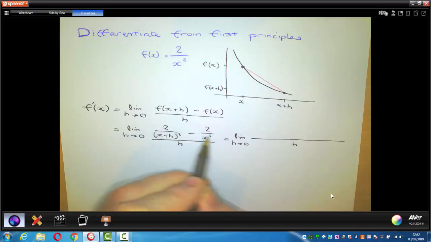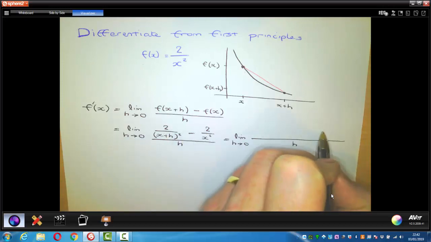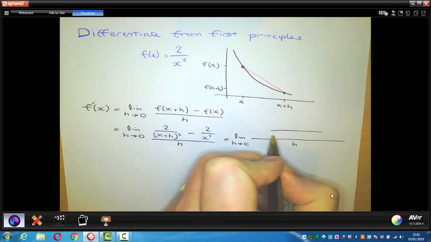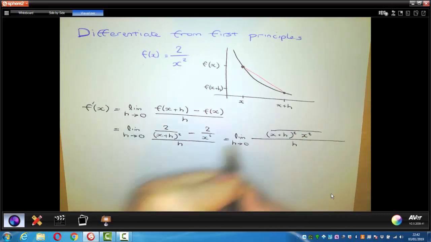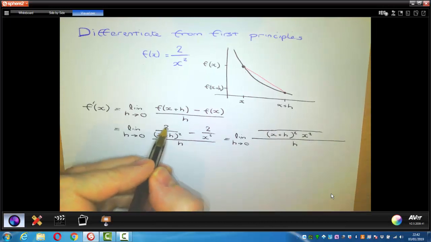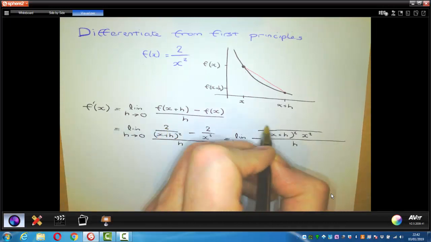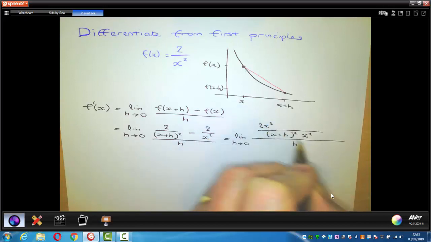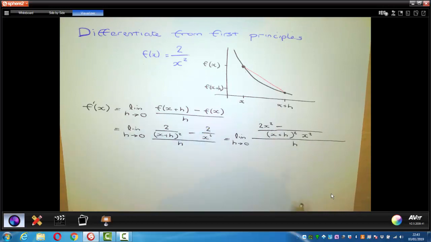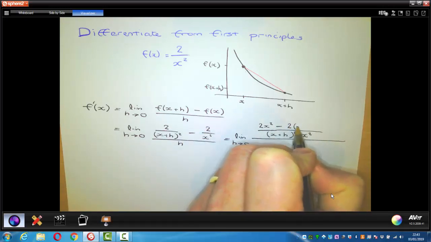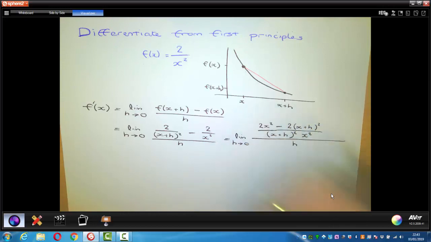But now let's express the two terms here with a common denominator. And that common denominator will be x plus h all squared times x squared. So 2 over x plus h all squared will be 2x squared over this common denominator, and 2 over x squared will be 2 times x plus h all squared over this common denominator.